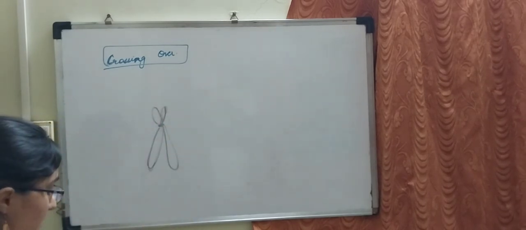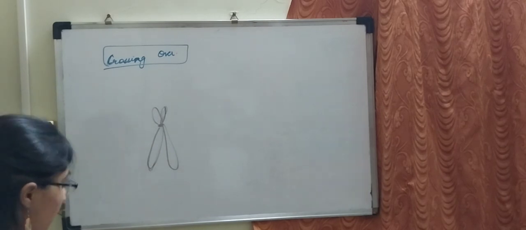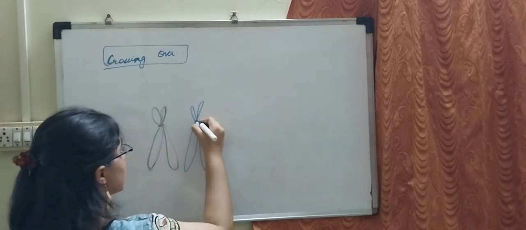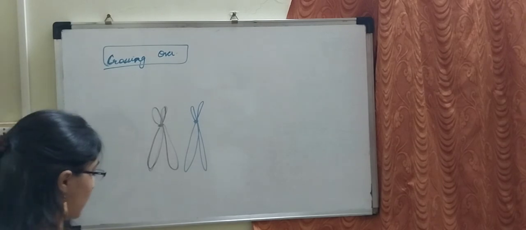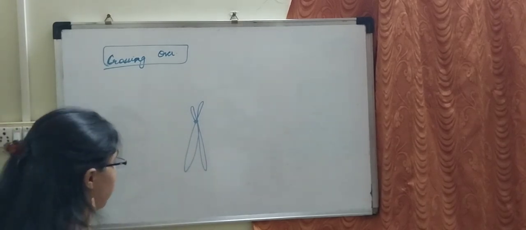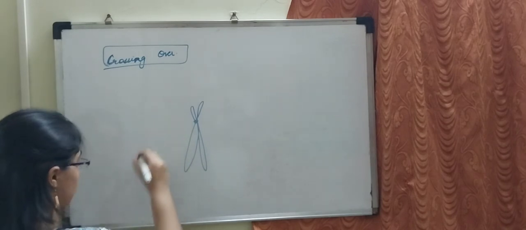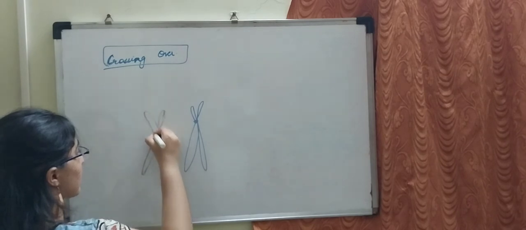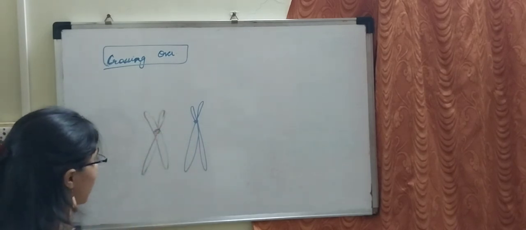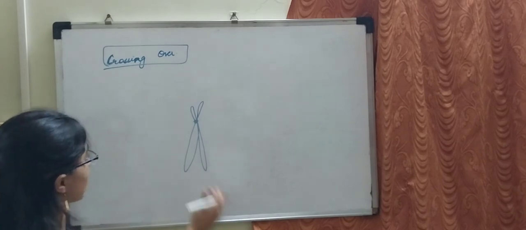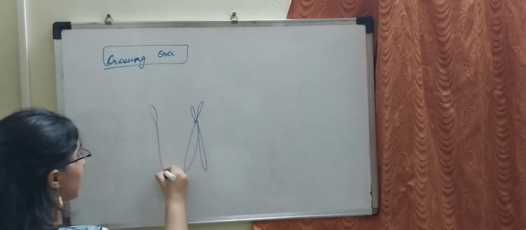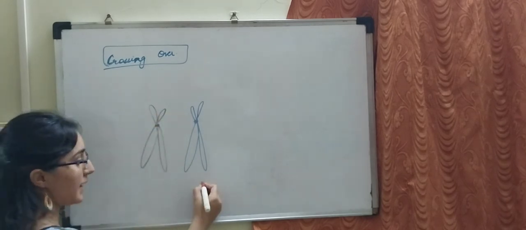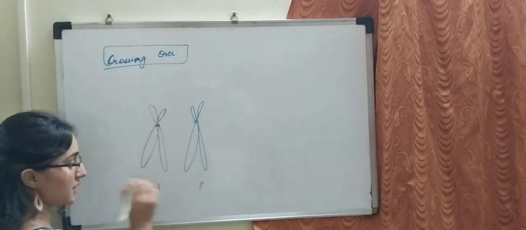Okay, so this is one chromosome and the second chromosome is this. So this is from the father's side and this is from the mother's side.